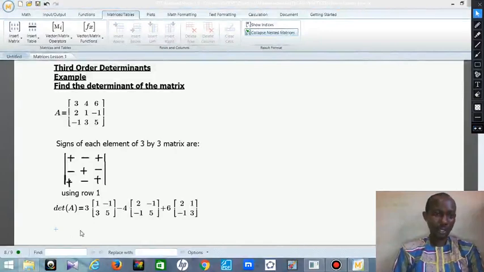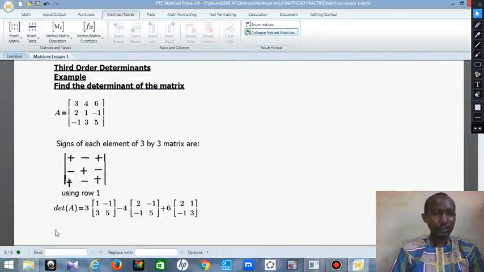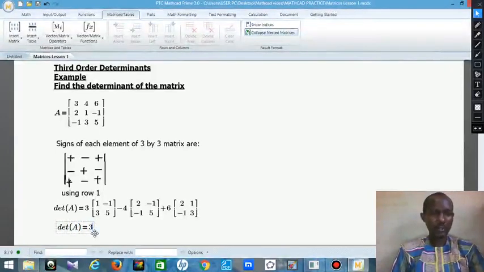So now let's finish our solution. So now we can now use our method for second order to solve this determinant we have here. Then multiply with 3, and that is all. Then the next step will be DET. Now DET, you open your bracket, A, so equals to, now we have 3.